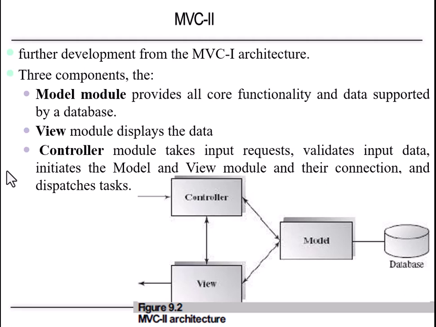For controller, we use some development platform which is also known as a backend development tool. And view is the interface designing using some particular tools. So all these three combine and give a software system.